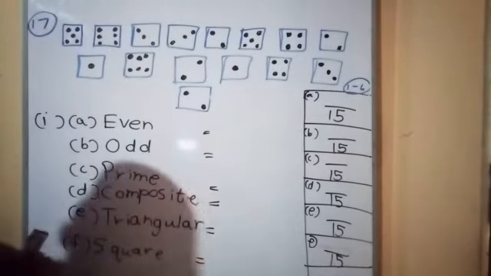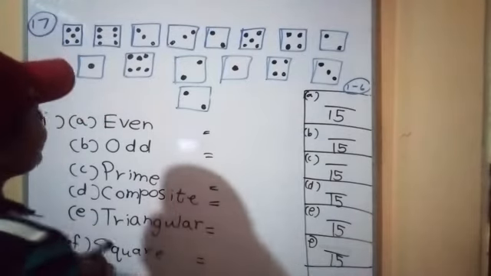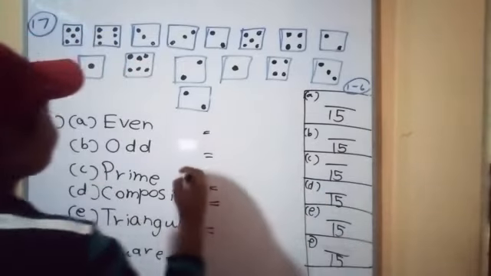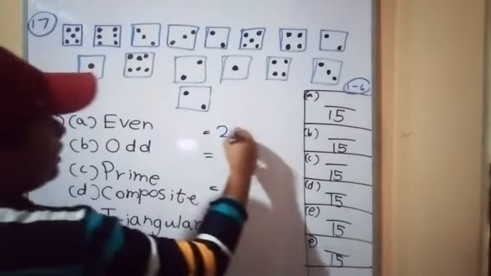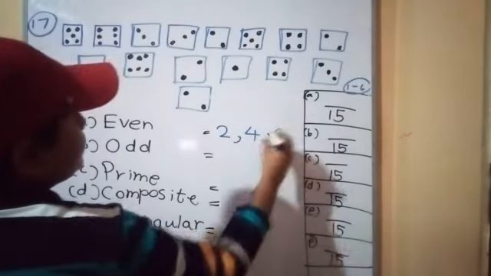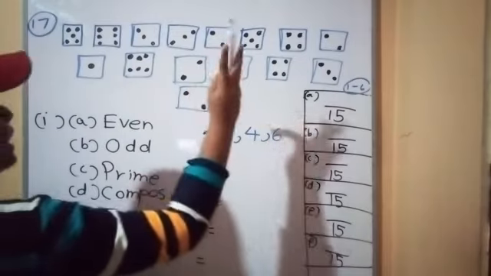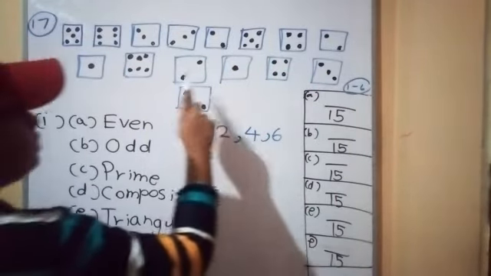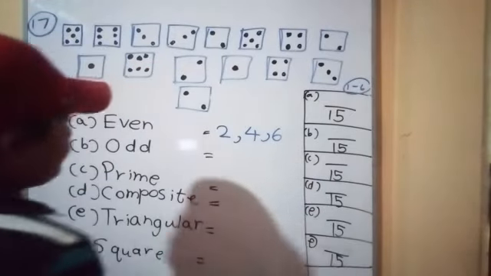Let's find the even numbers first: 2, 4, 6 only. So you can write 2, 4, 6.